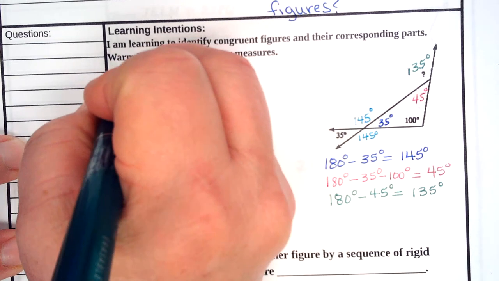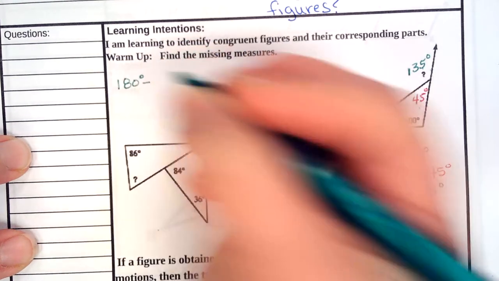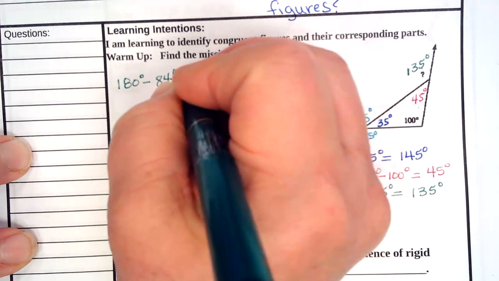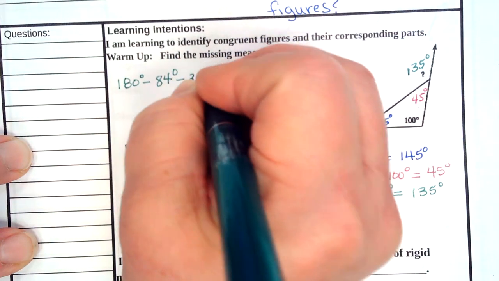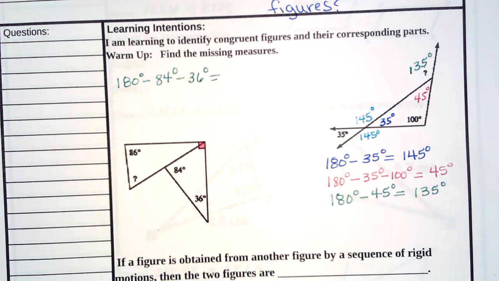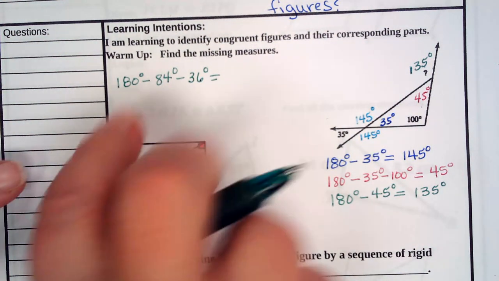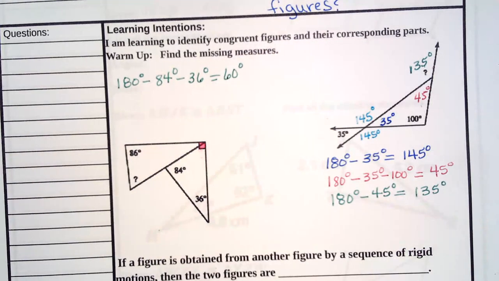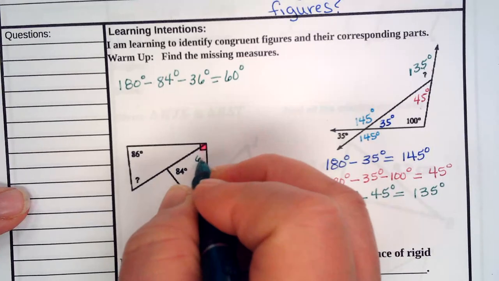So I'll take 180 degrees minus 84 degrees minus 36 degrees. And what do you get? If you said 60 degrees, you were correct. So this is 60 degrees.